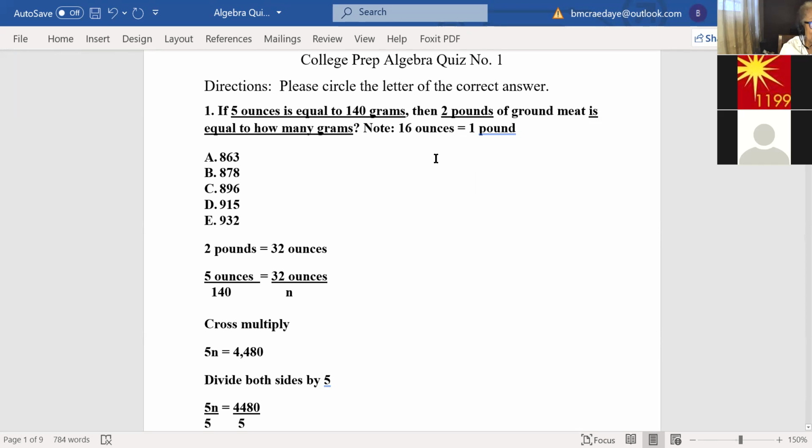Well, I divided 140 over 5, and that gave me 28. Okay, that gives you the number of grams in 1 ounce. And then you multiply that by 32, right? After that, I multiplied the 28 by 16, which gave me 448, and then multiplied that by 2. Yes, that's another way of doing it.